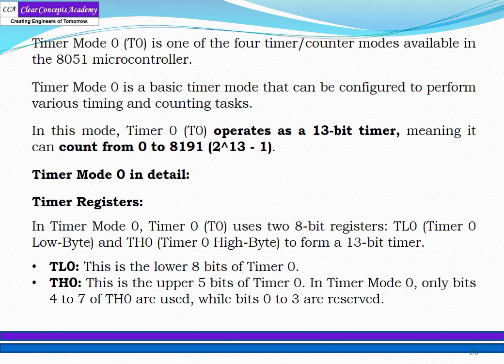In timer mode 0, only bits 4 to 7 of TH0 are used, while bits 0 to 3 are reserved. Those are not used.